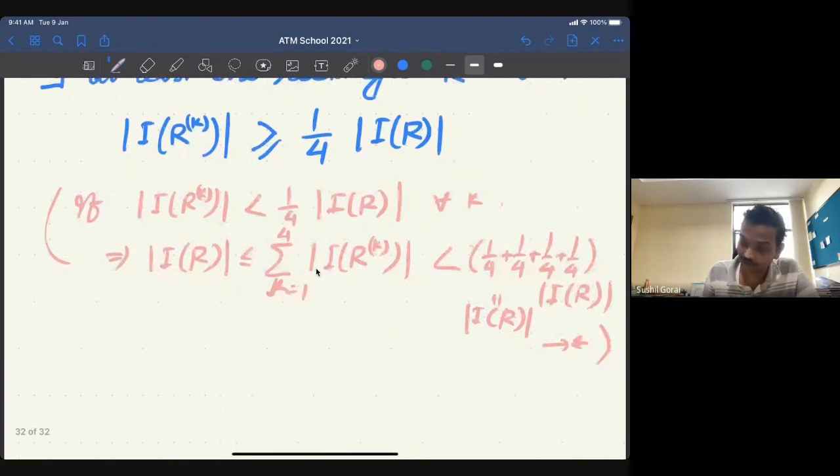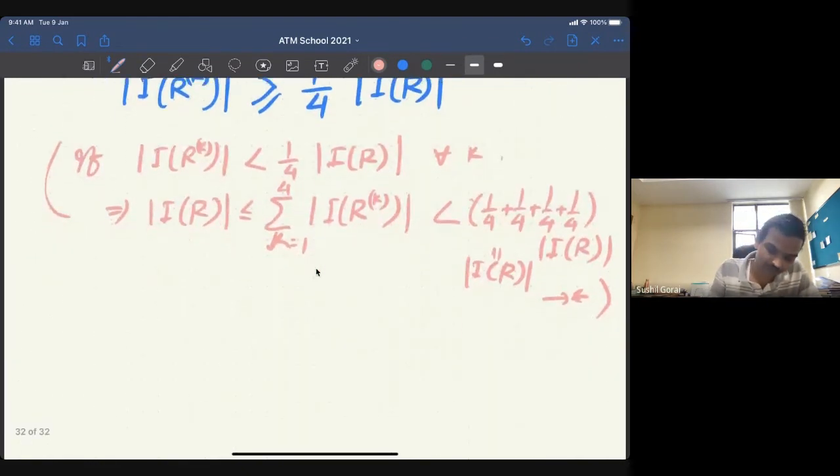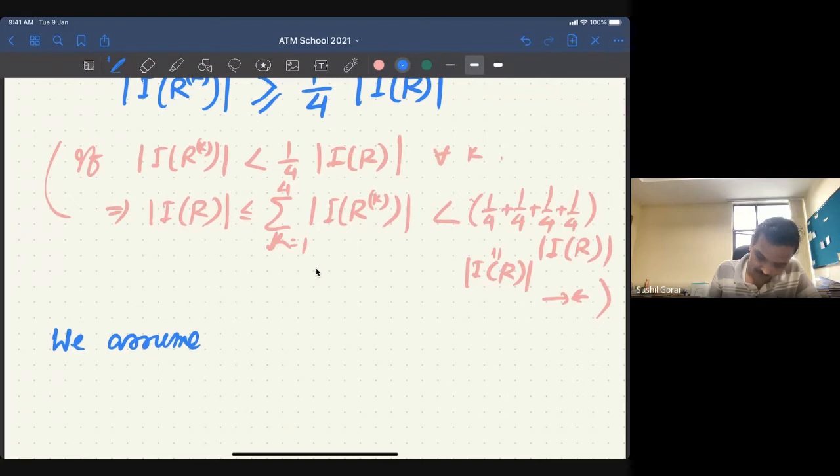So this holds. So we assume R1 is that R_K.